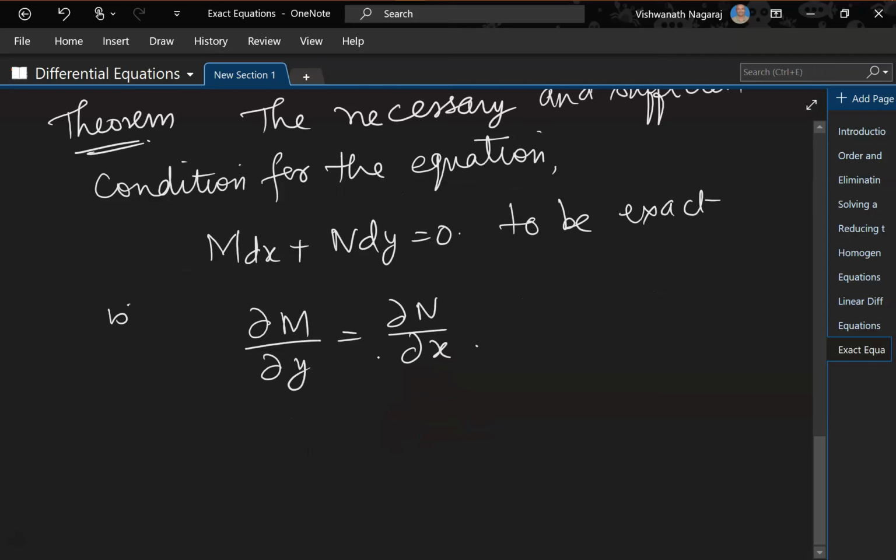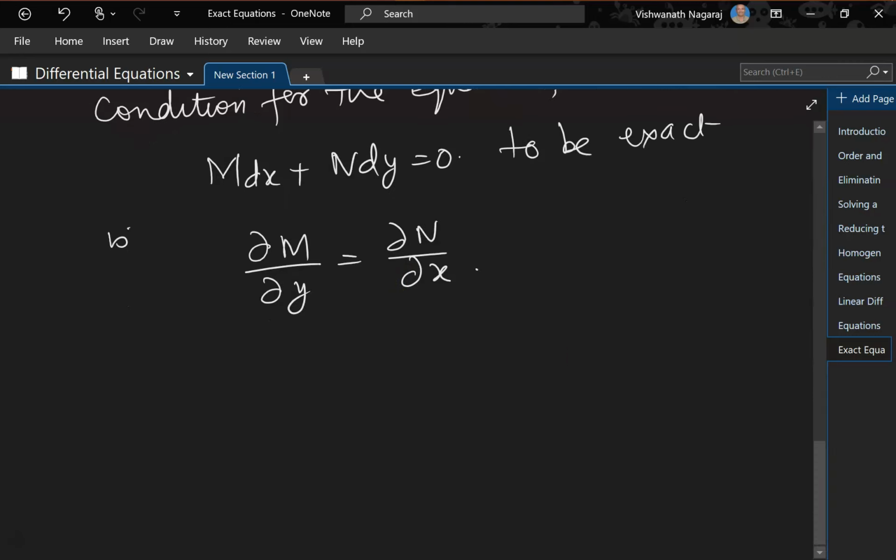Again, this condition is necessary for us to call this an exact equation, or vice versa, looking at it from a sufficiency point of view. Okay, let's actually prove that. Let's look at the necessary part.